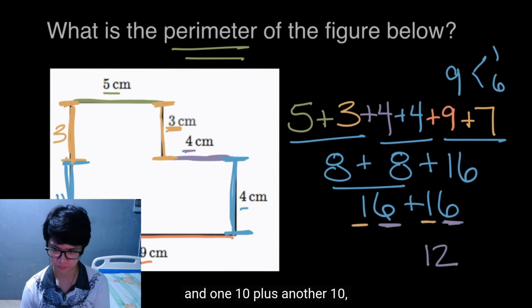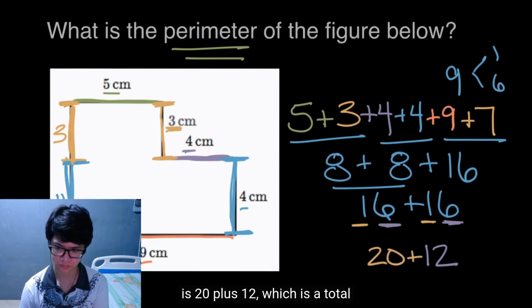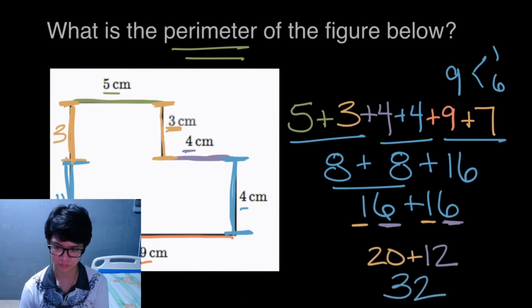And 10 plus another 10 is 20. So another way we could add this is 20 plus 12, which is a total of 32.